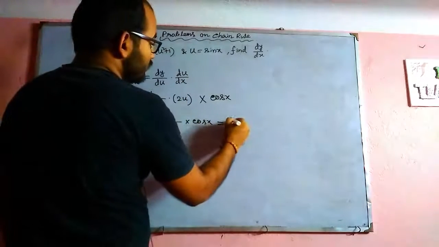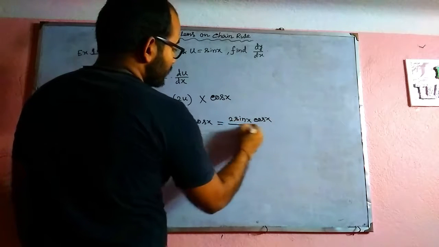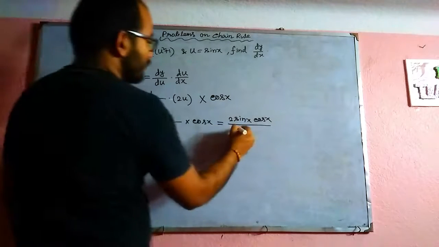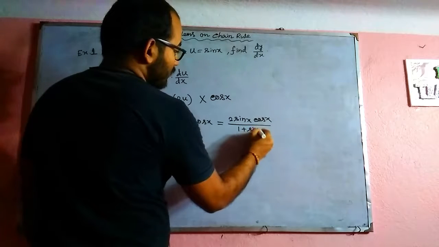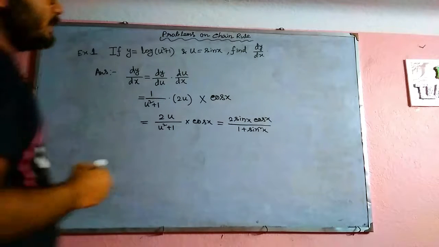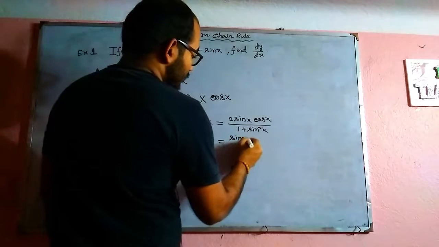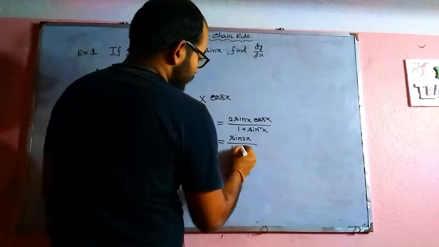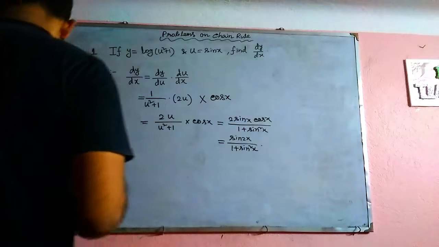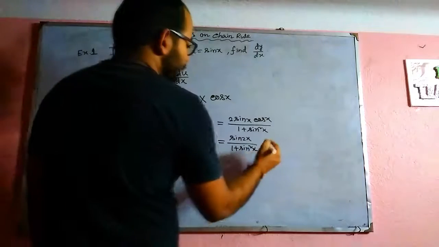So 2u is 2 sin x, and cos x. And what is u square plus 1? This is 1 plus sin square x. And what is 2 sin x cos x? That is sin 2x. So that is very easy.